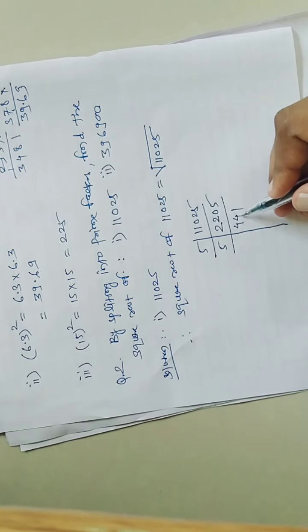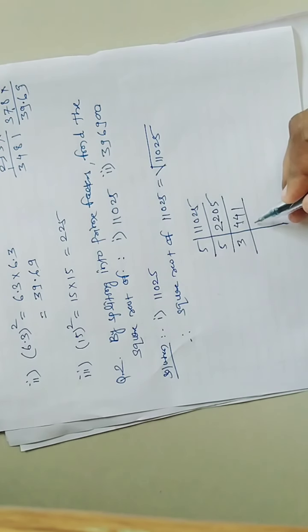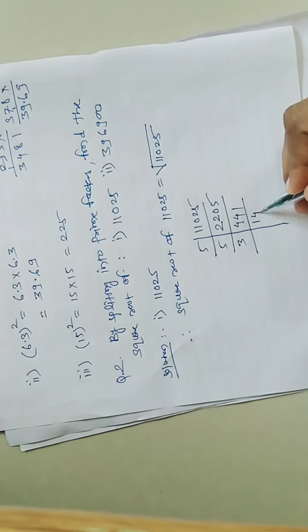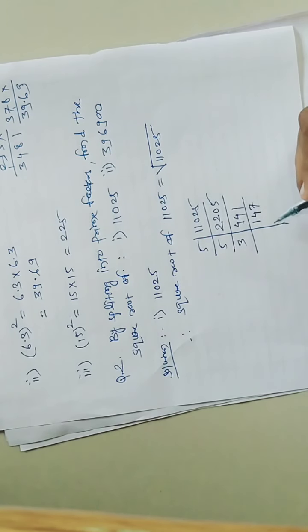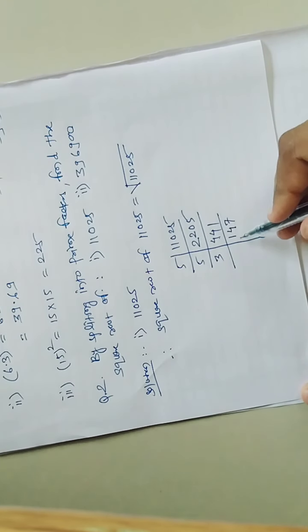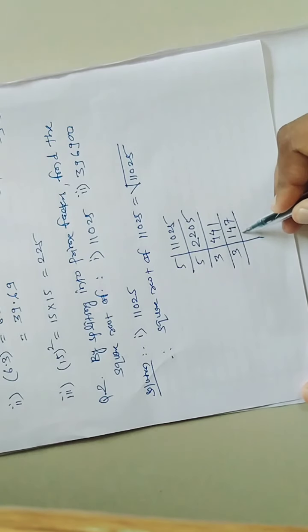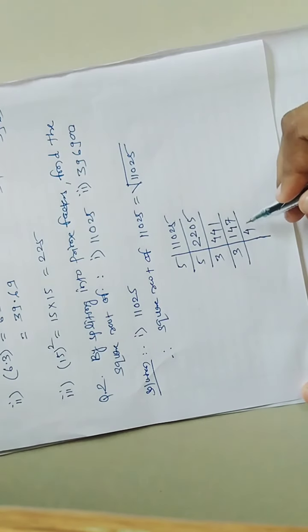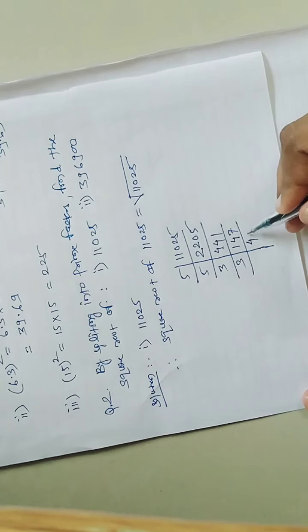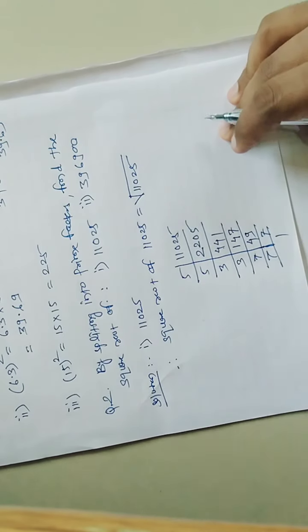Then 4 plus 4, 8 plus 1, 9, so it is divisible by 3. 3 ones are 3, 3 fours are 12, 3 sevens are 21. Then again 3 fours are 12, 3 nines are 27, now 7 sevens are 49 and 7 ones are 7.